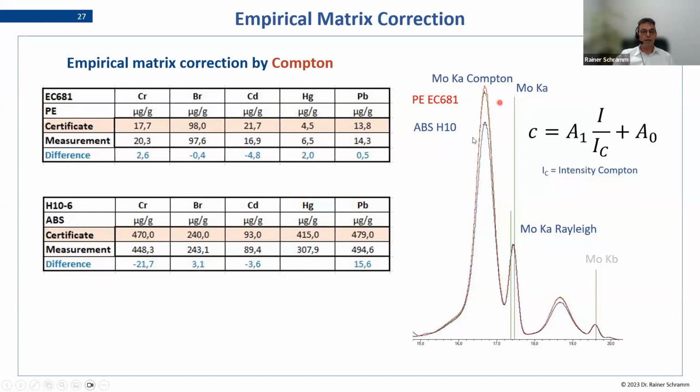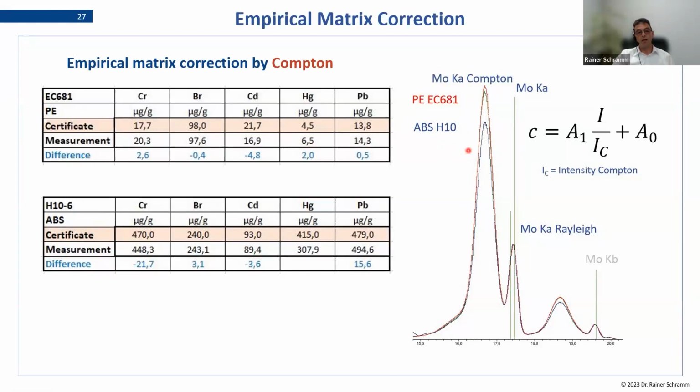The reason is that ABS contains nitrogen as well as carbon and hydrogen, while PE only contains carbon and hydrogen. So the matrix is different. And this Compton peak just represents the whole sample, which consists mainly of the polymer matrix.